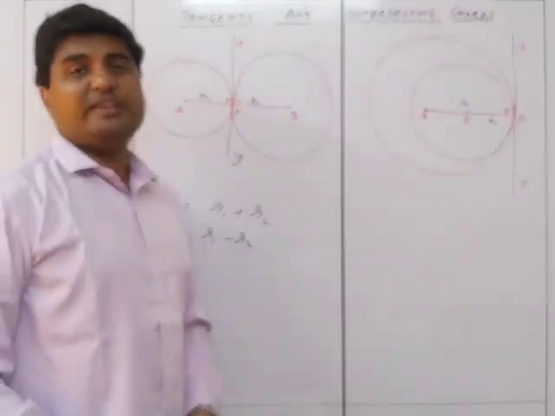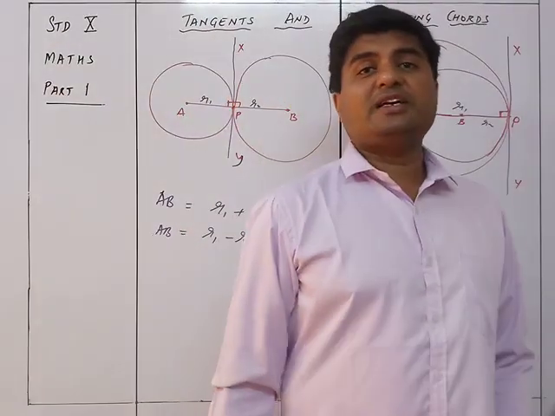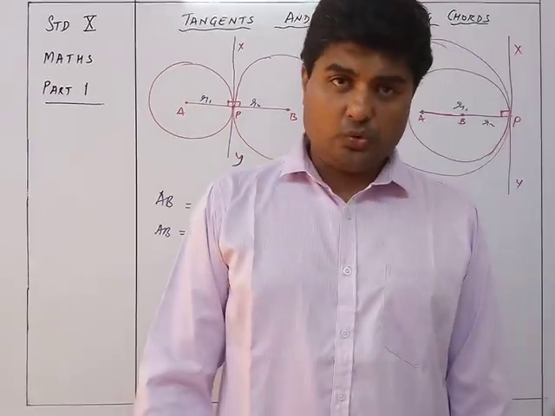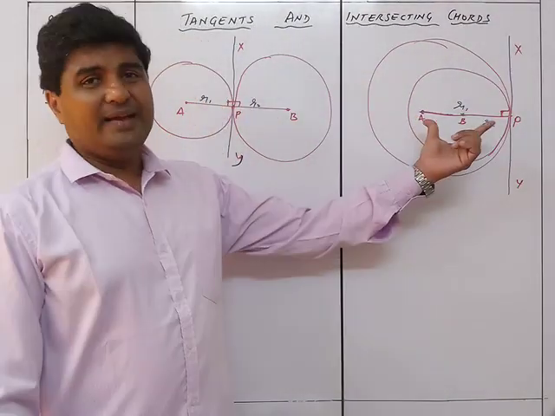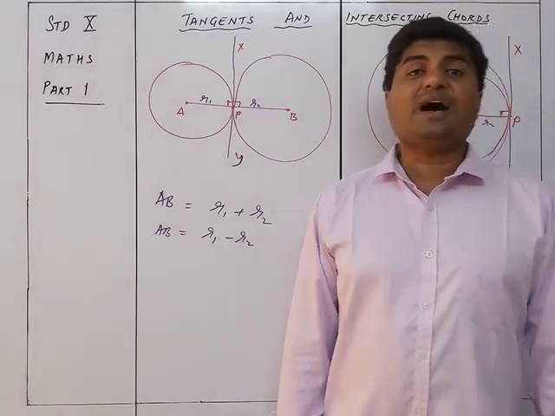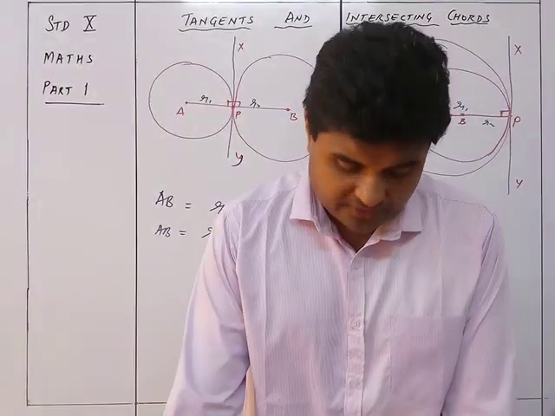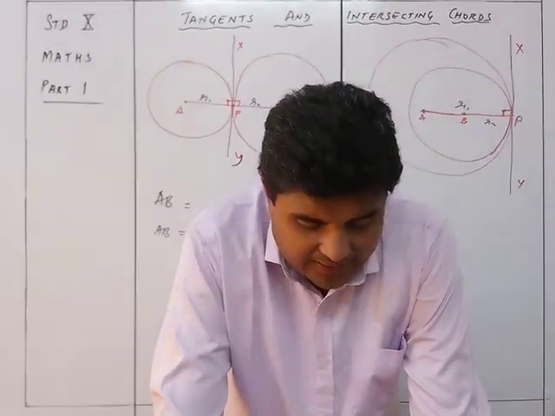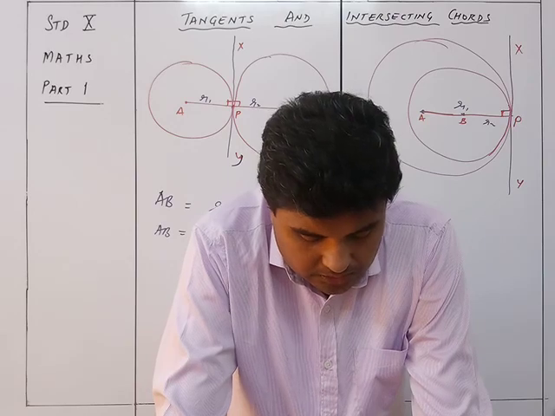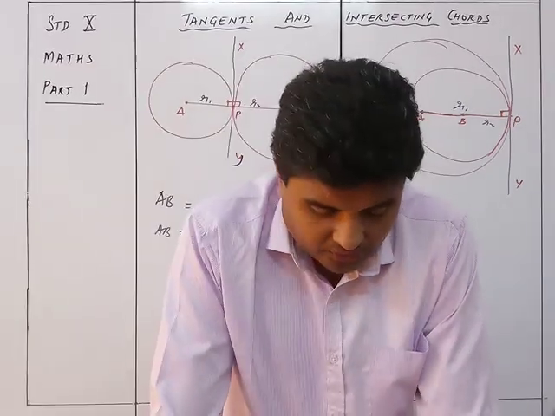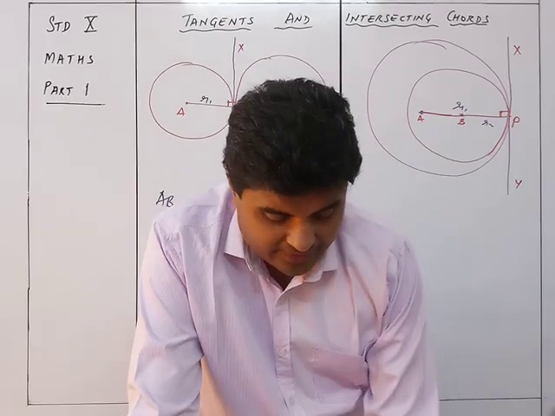Okay. So if it is touching externally, the distance between the two centers will be equal to radius 1 plus radius 2. But if it is touching internally, then the distance between the two centers will be R1 minus R2. So subtraction, the difference between the two. So that is what we see over here. That is the main part: D is equal to R1 plus R2 or D is equal to R1 minus R2.